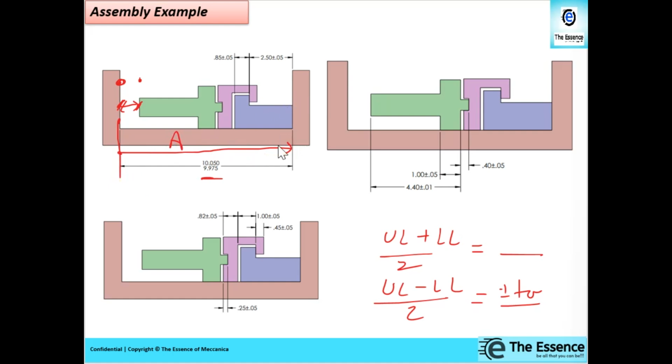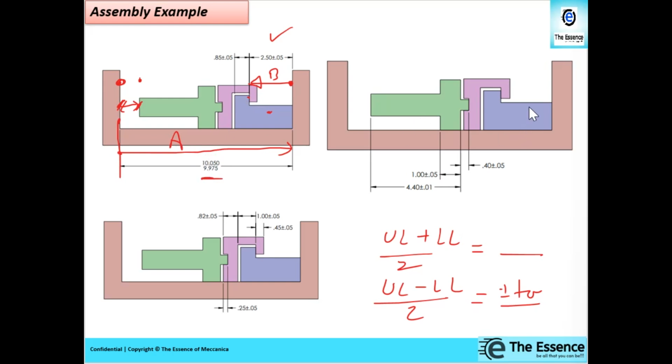Now what happened? We are on this surface and this dimension is given on the drawing. So for component number 2, we will move from there to there, that is B for us. Now both surfaces are in contact over there. As surface to surface contact is there, we can jump from component number 2 to component number 3.